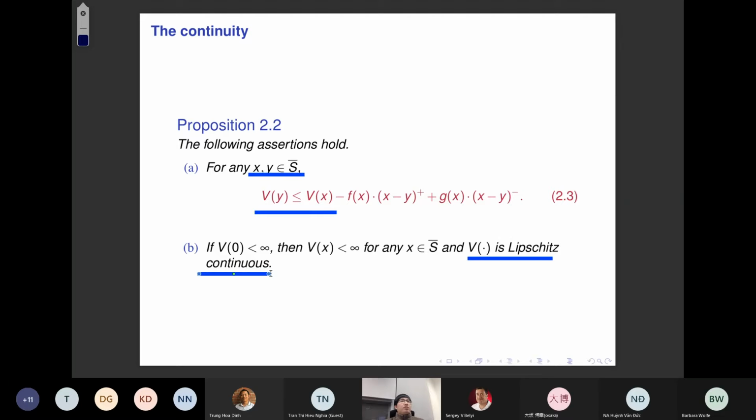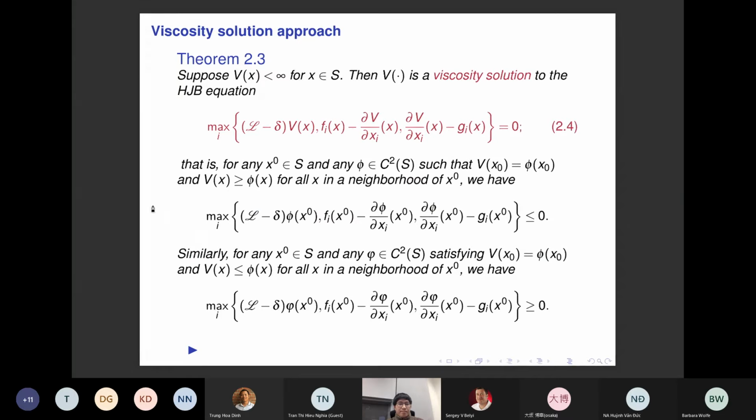Another result is the viscosity solution characterization. We show that the value function is a viscosity solution of the Hamilton-Jacobi-Bellman equation associated with the control problem.